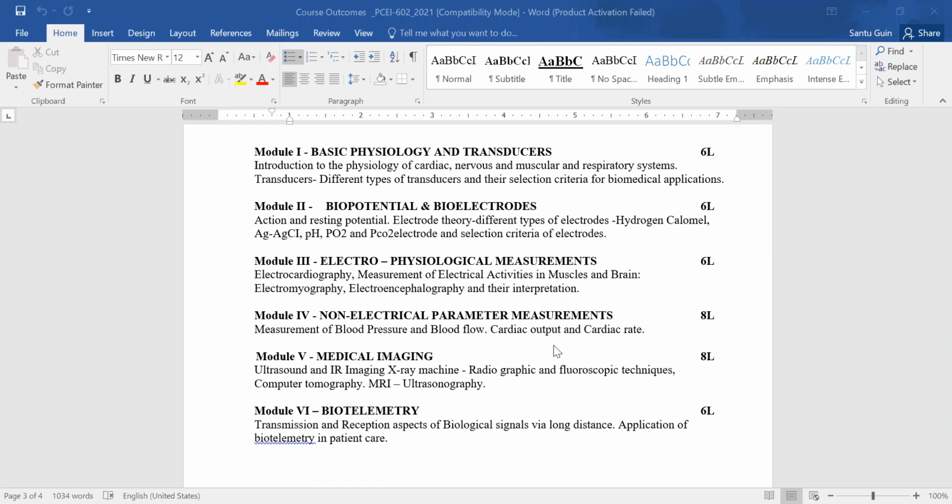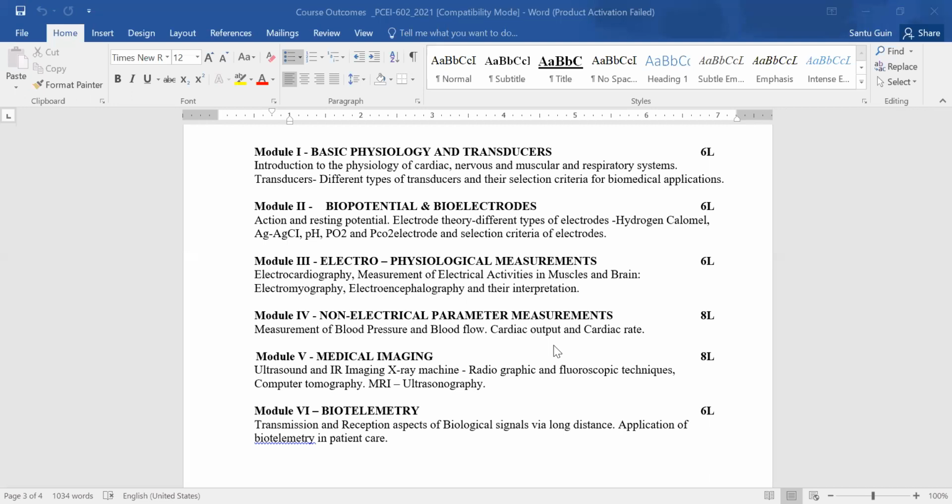Non-electrical parameter measurements are in module 4, where blood pressure and blood flow measurement can be done. Module 5 is based on the medical imaging techniques. Different techniques will be discussed. And module 6 is biotelemetry, which is based on the transmission and reception of different biological signals via long distance communication.